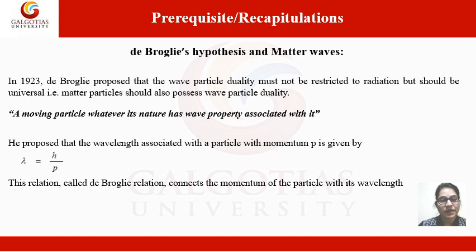So a moving particle, whatever its nature, has a wave property associated with it. De Broglie proposed that the wavelength associated with a particle with momentum p is given by lambda equals h upon p. This relation is called the de Broglie relation, and it shows the connection between the momentum of the particle and its wavelength. It actually represents the wave particle duality of a material wave.